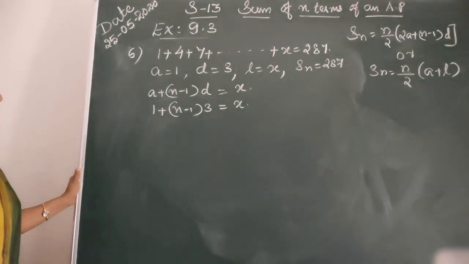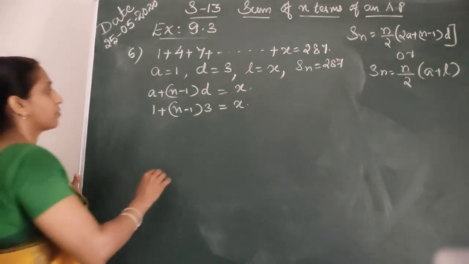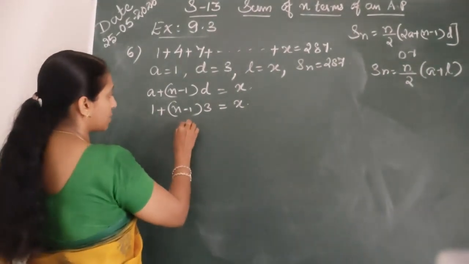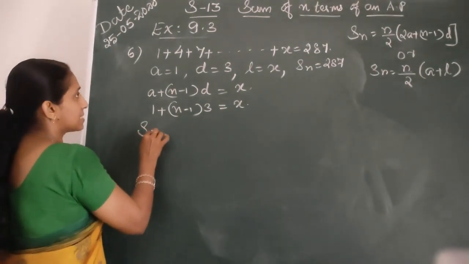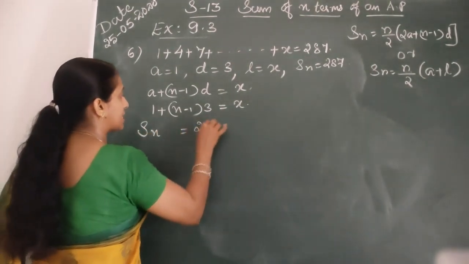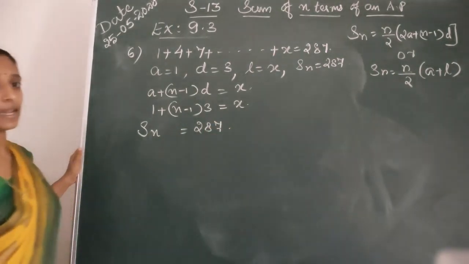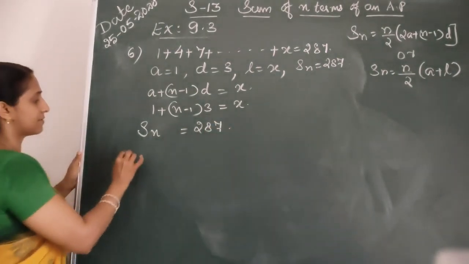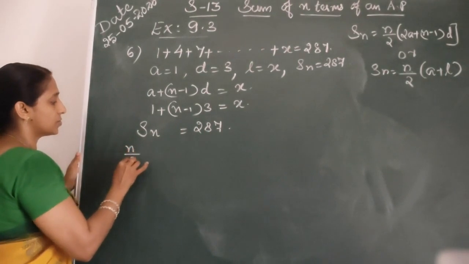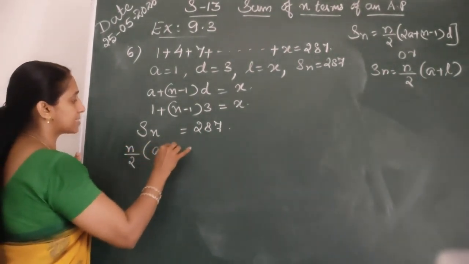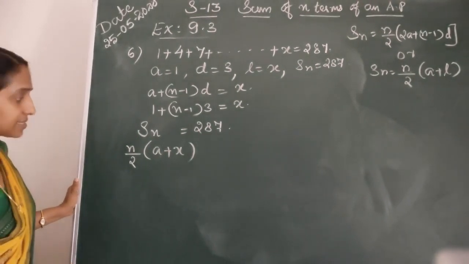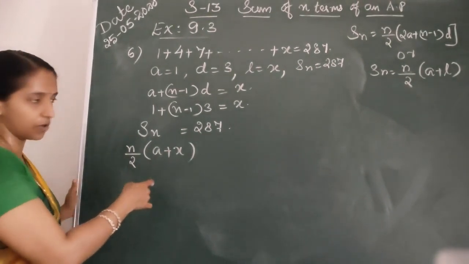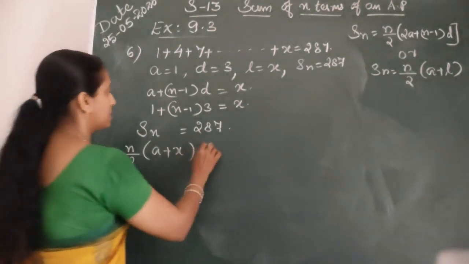This is equation 1. Then you can take Sn as 287. That is n by 2 into (a plus L), where L is x.